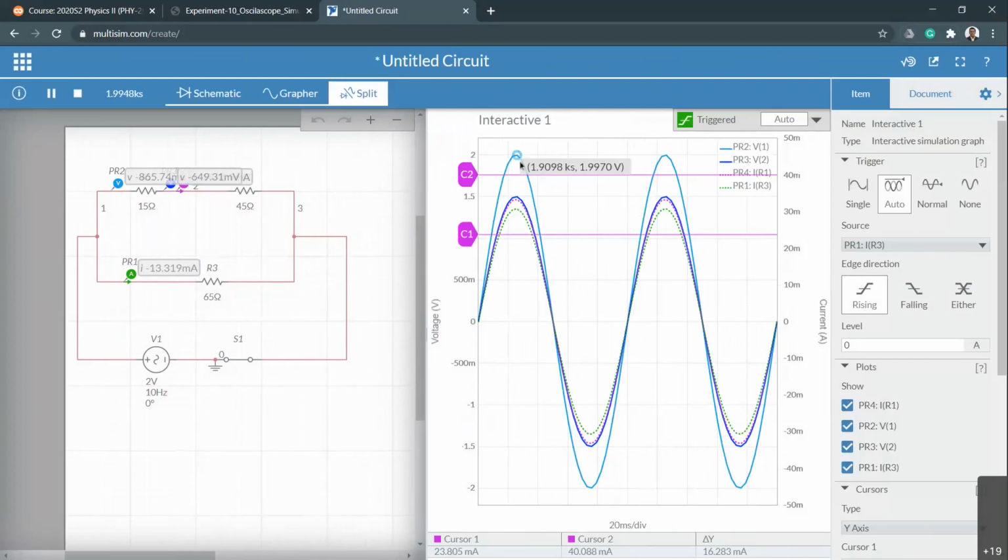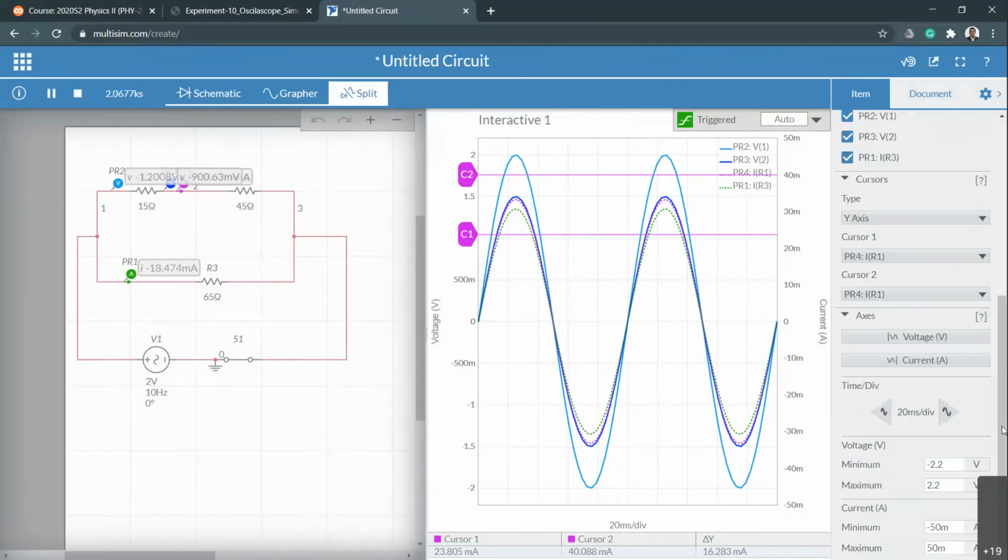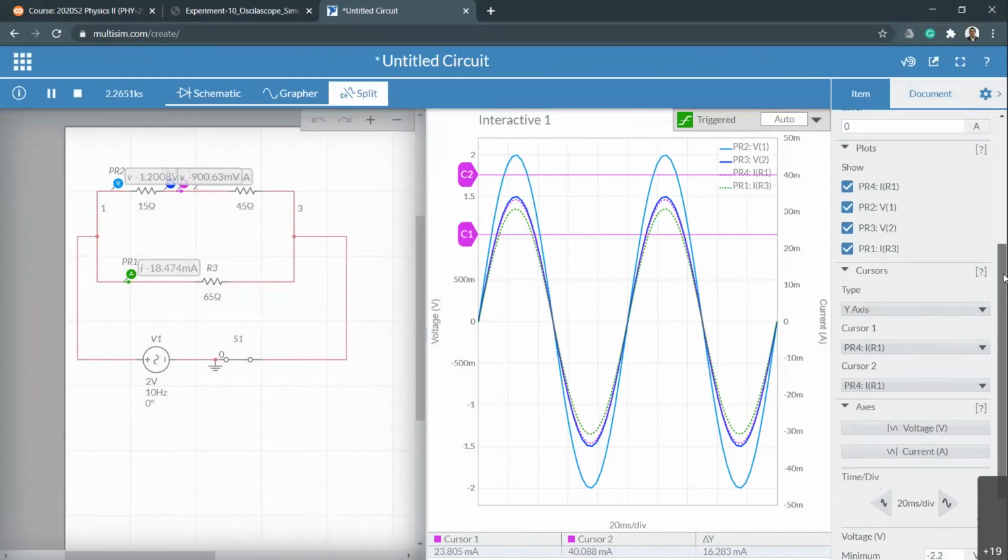Top one is actually close to 2 volts, so that is very easy. So now you can see right here, all of these are actually called the input probes. So the input probes will appear like PR1, PR2, PR3, and so on, right? So the two of them measure the voltage, other one measures the current. It says V1, V2, other two say the I across R1, I across R2. So that R3 says the resistor close to that sensor, okay?